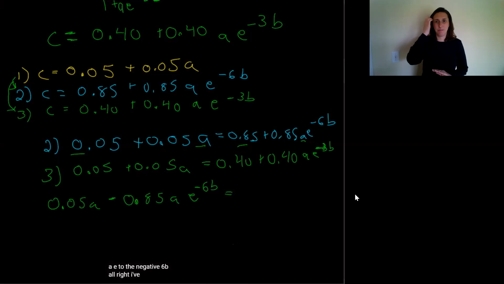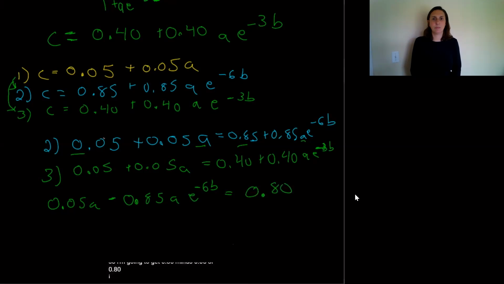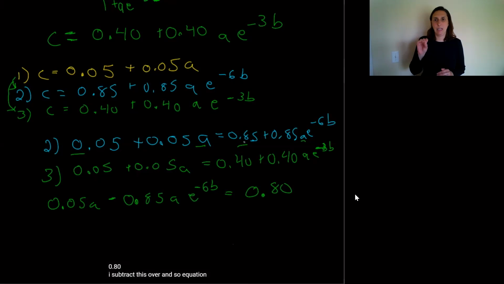I've subtracted this from this side, it brings it over to here. That's still sitting there. I'm going to subtract this over, so I'm going to get 0.85 minus 0.05 or 0.80. And so equation 2 becomes this.